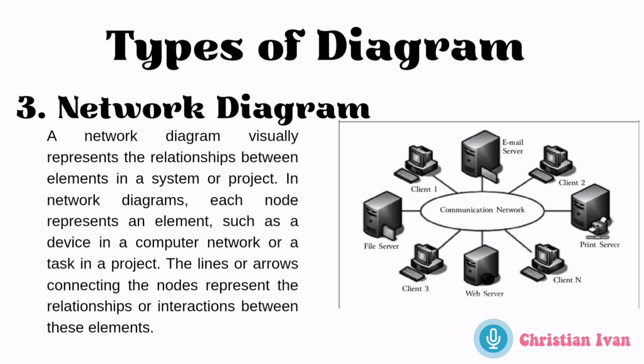Network diagrams are best for visually representing the relationship or connection between different elements in a system or a project. They are used in telecommunication, computer networking, project management, and organization planning.